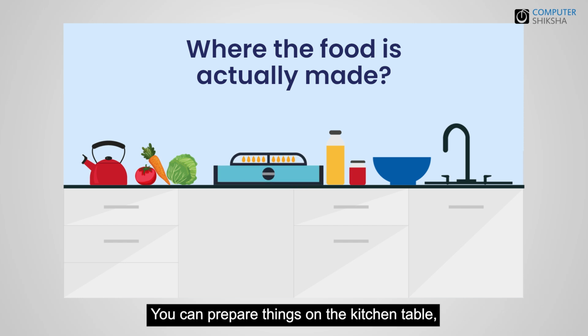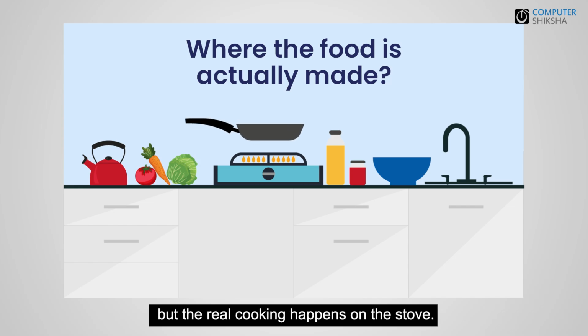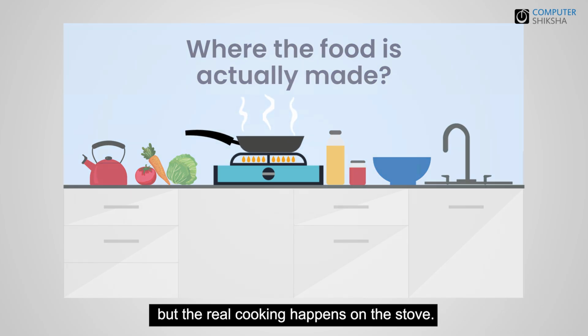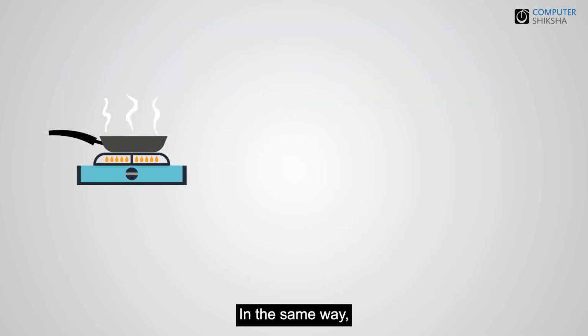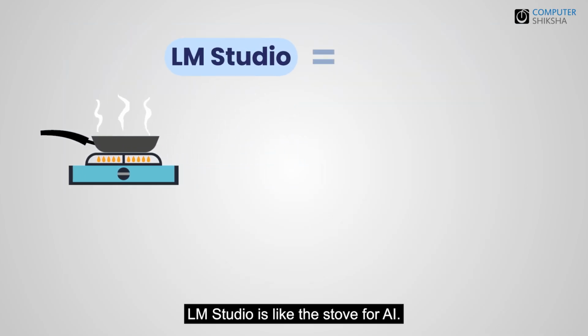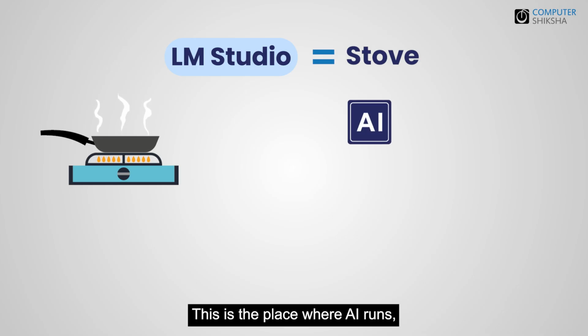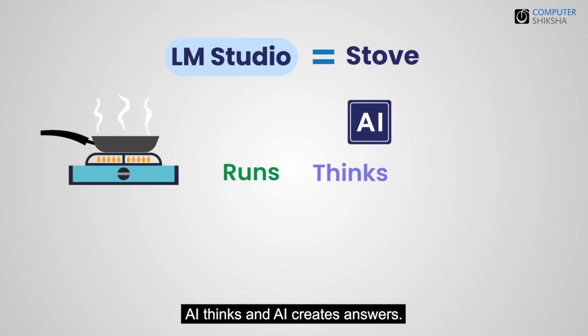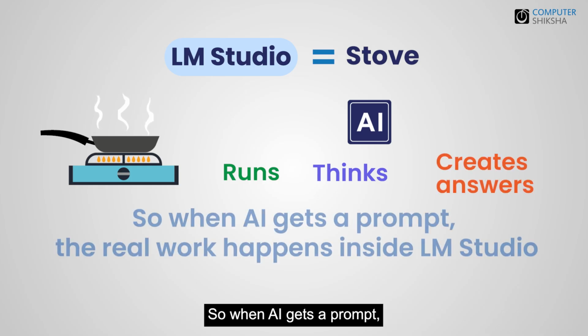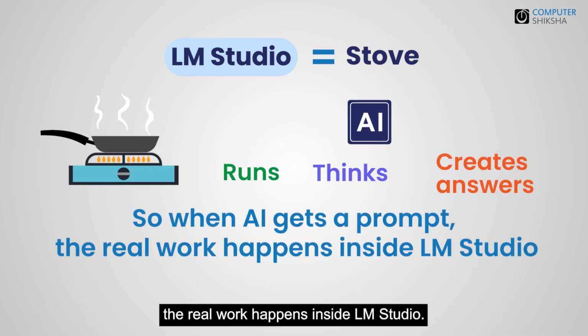You can prepare things on the kitchen table, but the real cooking happens on the stove. In the same way, LM Studio is like the stove for AI. This is the place where AI runs, AI thinks, and AI creates answers. So when AI gets a prompt, the real work happens inside LM Studio.